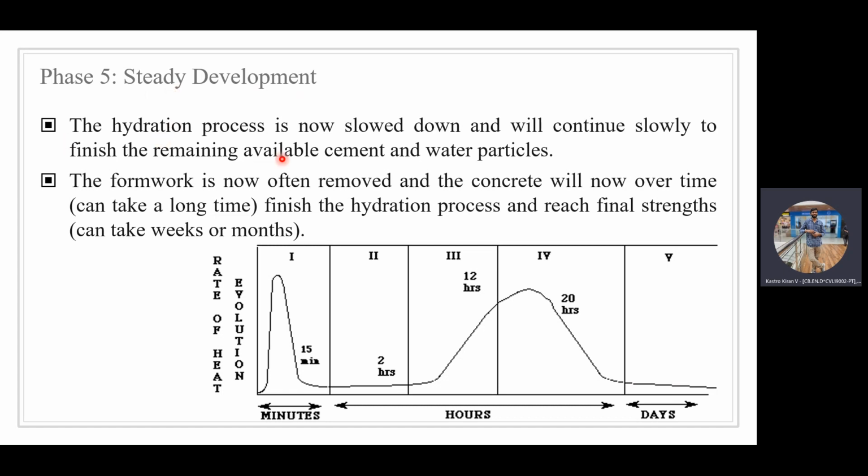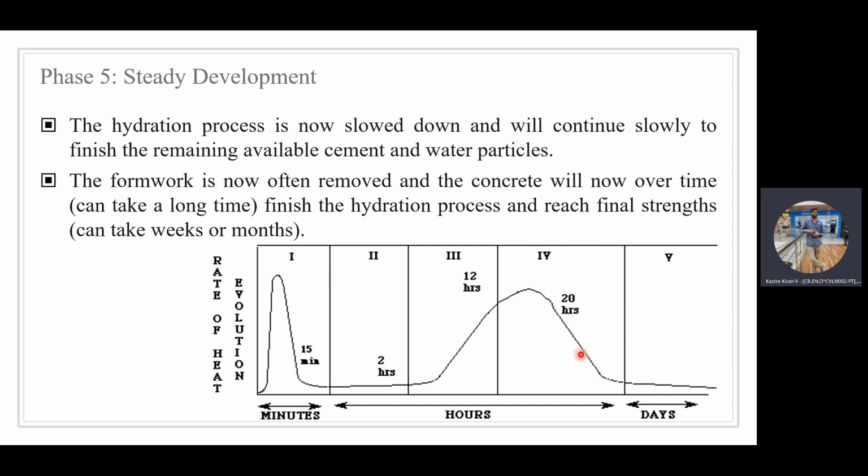So the hydration process is now completely slowed down, because there are no cement particles left ready to mix with the water, as all the cement particles are completely mixed in the first 3 phases. Whatever leftover cement particles are available also get mixed with the water in the first part of phase 4. In the second part of phase 4, since there are no cement particles available, the heat reduction process will get reduced.